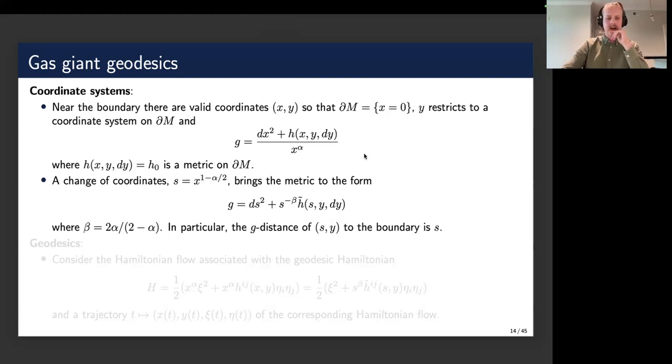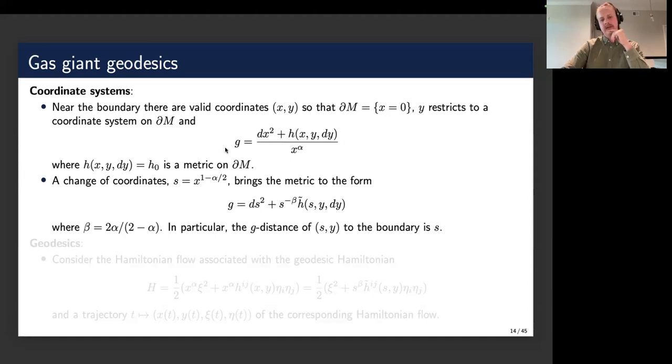That is not exactly available for gas giants, but we have something that is close to it. There is one set of coordinates, let's call them x and y, so that you can write your g bar metric in boundary normal coordinates, and then you get g by dividing by this x to power alpha factor. Okay, so that's nice.